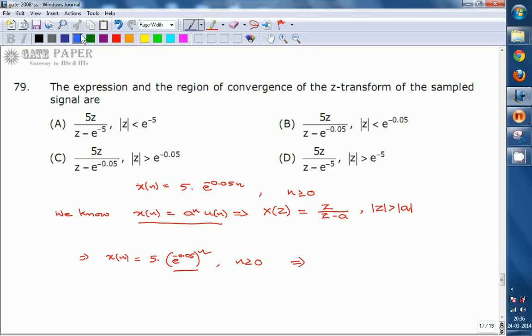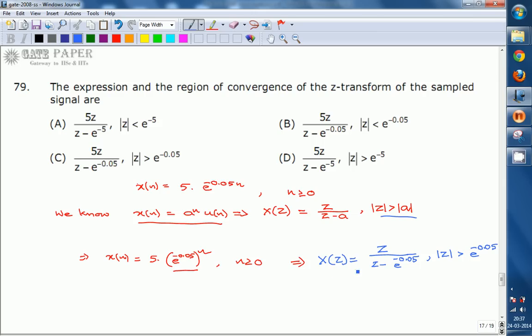Applying the Z transform, this becomes z by z minus a with a equals e power minus 0.05, and the ROC is mod z greater than e power minus 0.05.